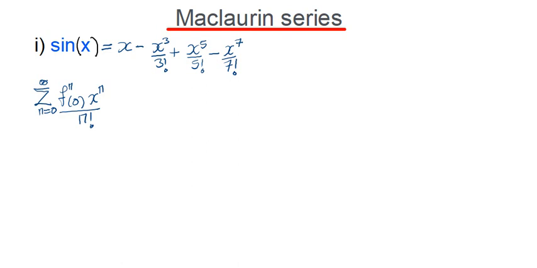Okay, so looking at what we have right here, it basically indicates that when finding the Maclaurin series for this function, we have to differentiate this function up to the seventh power. That is what it indicates.